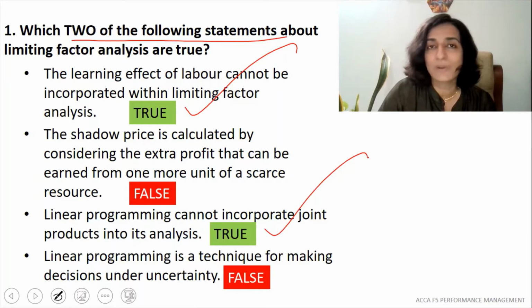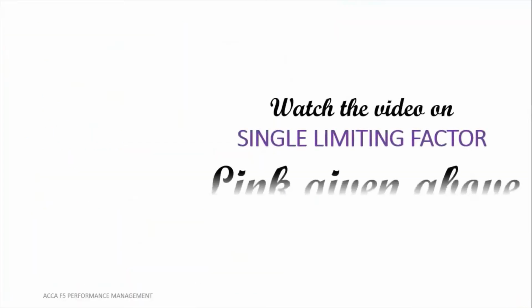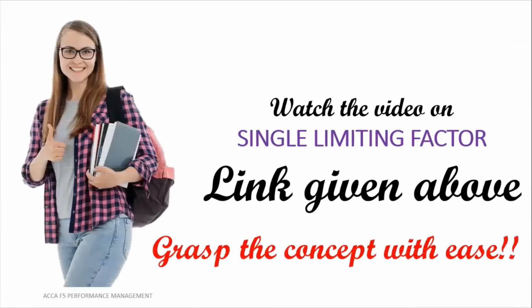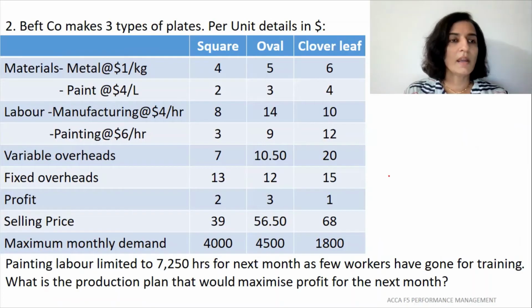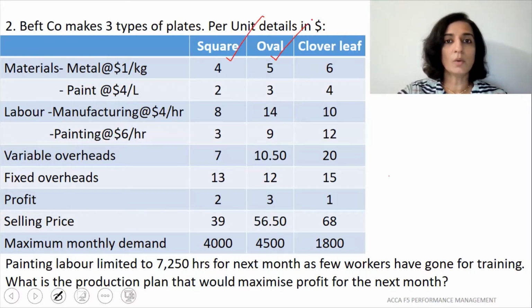Moving to the second part of the question. BEFT company makes 3 types of plates, per unit details in dollars. So they've got 3 types of plates named square, oval, and cloverleaf. The material cost for the metal and for the paint is separately given.